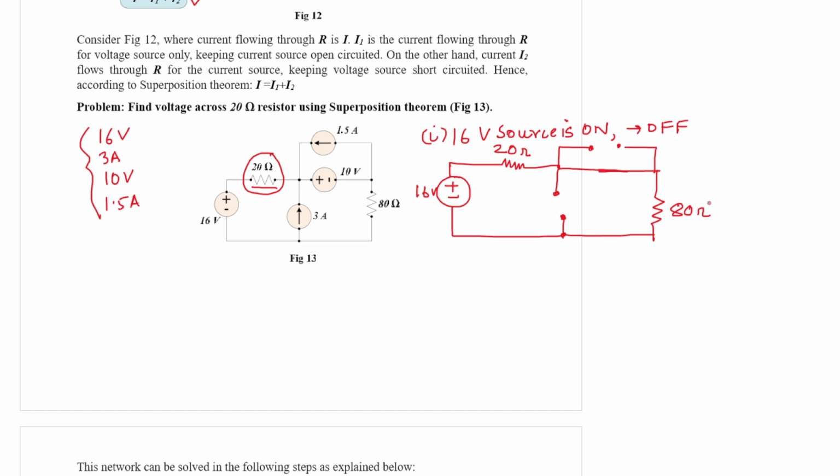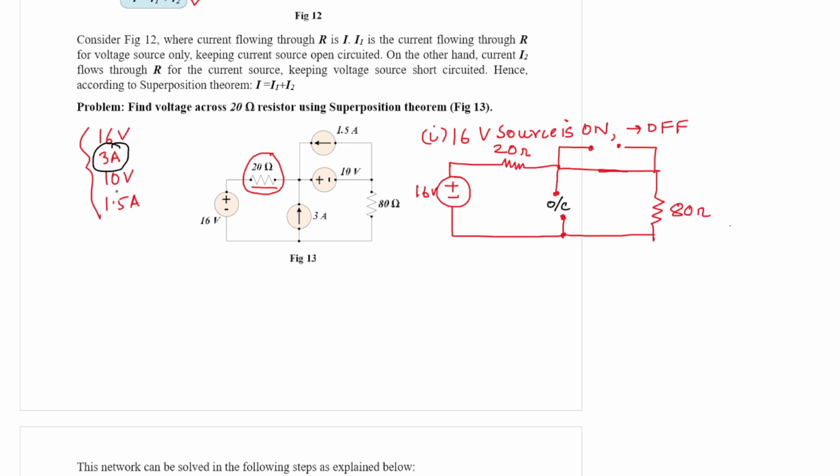So what we have done here is that when you consider the 3 ampere current source, you are open circuiting it to make it deactivated.